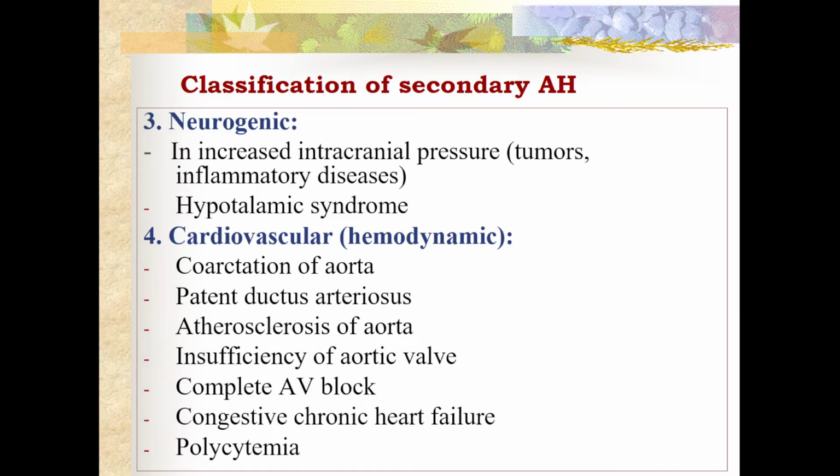Congestive chronic heart failure, due to increased circulatory volume, can cause arterial hypertension. And polycythemia. Arterial hypertension depends on stroke volume and circulatory volume, and peripheral resistance of arteries.